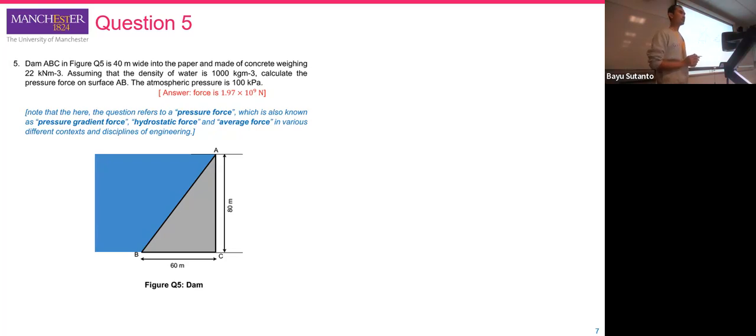For the hydrostatic pressure, it's similar, but it depends on your elevation or your depth from the water surface. To make it simple, first we know the atmosphere gives a uniform force. So we assume that the atmospheric pressure from level 0 to 100 is constant.